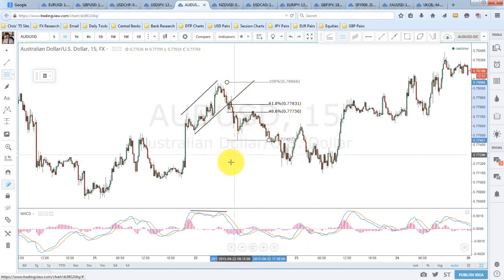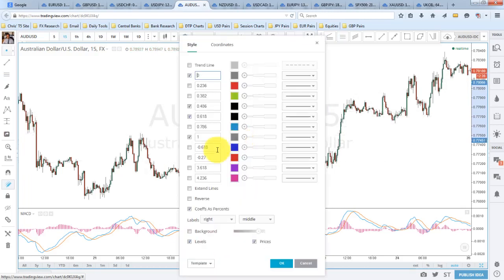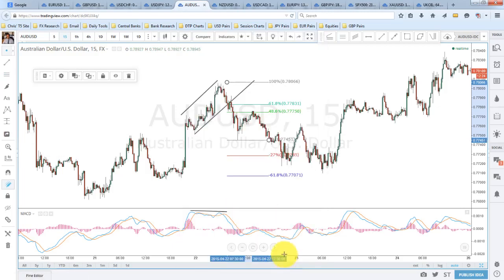And I'll just put the template on here for our divergence setup. You can see we moved right into that 127% extension. A little bit of a pullback here, and then we approached that 162, didn't quite make it down there though. The majority of the time we're going to be targeting that 127%.